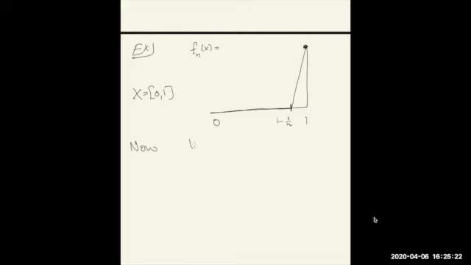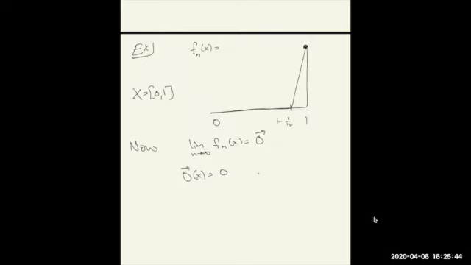Now, the limit as n goes to infinity of fn of x is equal to the 0 function. So 0 here is the function that's always equal to 0, so 0 of x is just equal to 0.